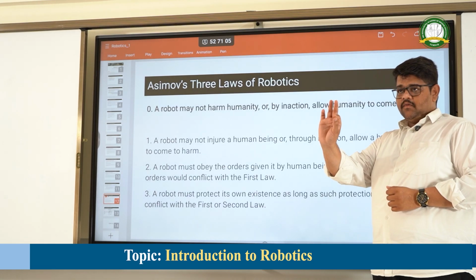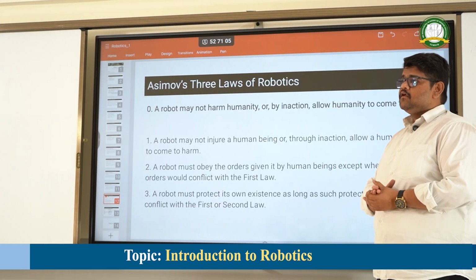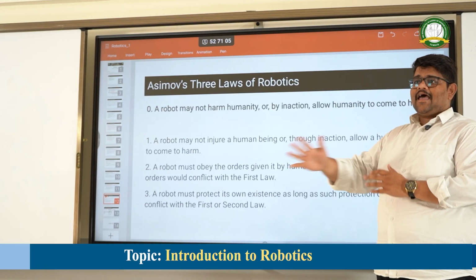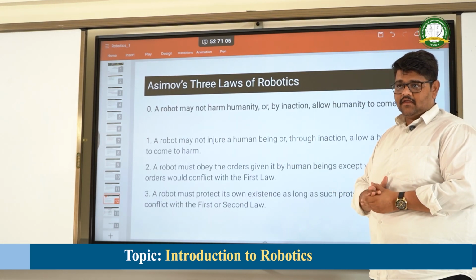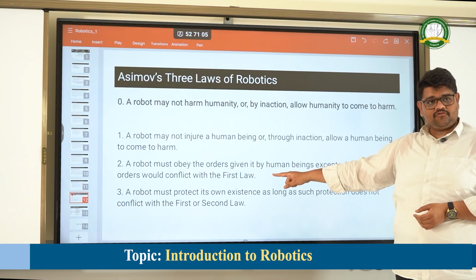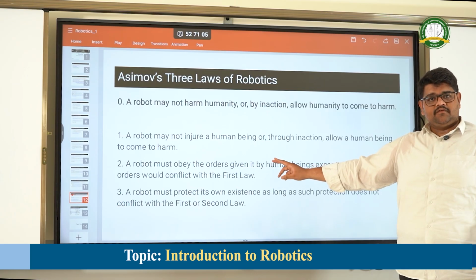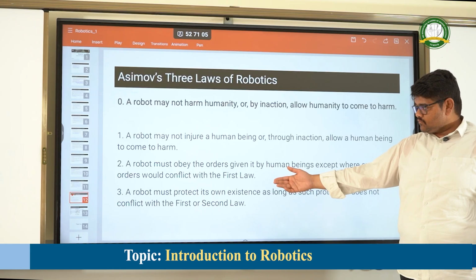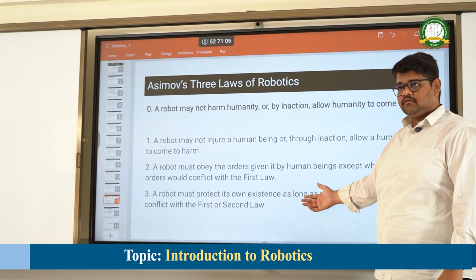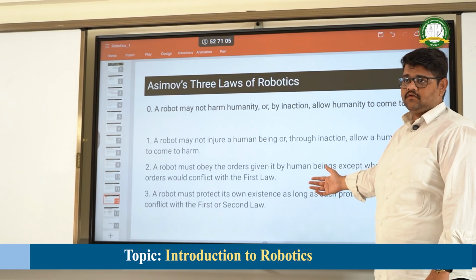A robot obeys human orders, okay? But what if the human orders were to attack or injure another human being? That breaks the very first law. So the second law should not conflict with the very first law. Same, the robot has to keep its own existence, but it should not conflict with the other two laws.